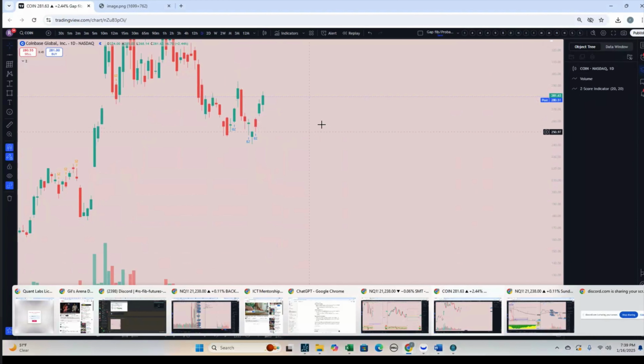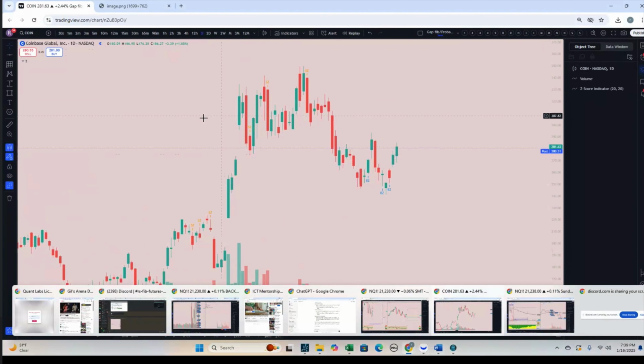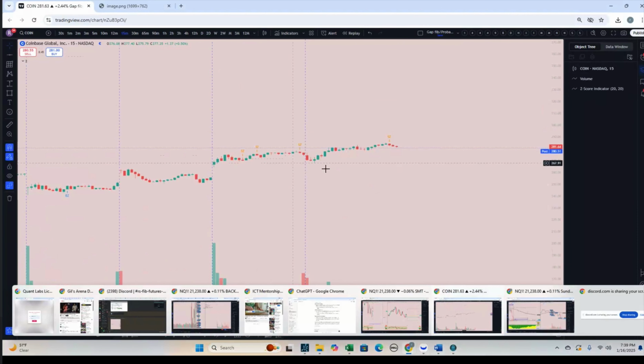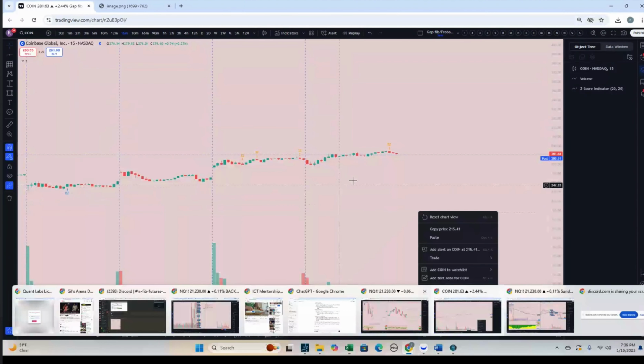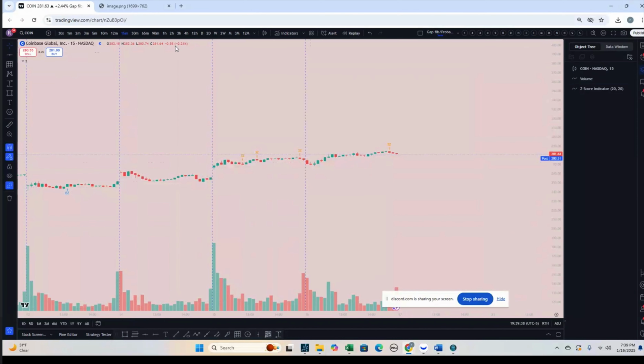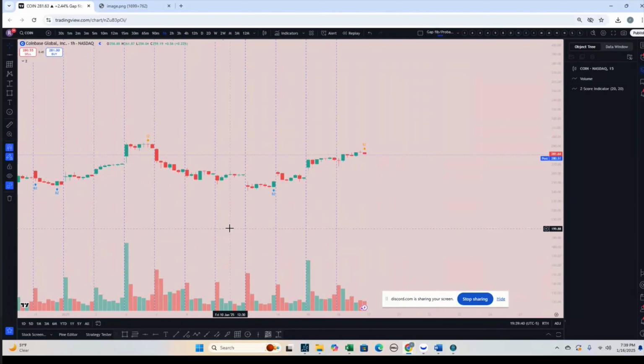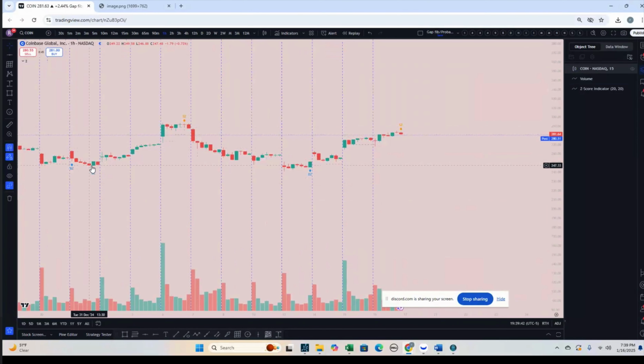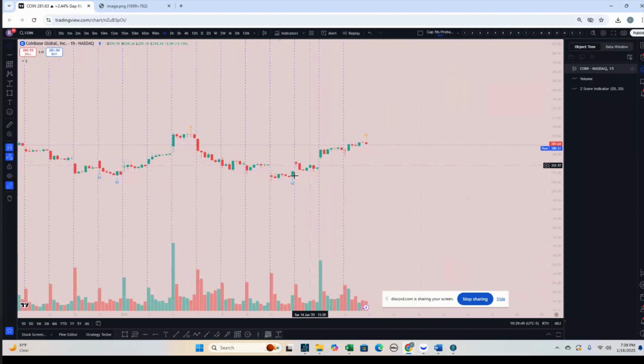The reason I like this Z-score indicator is that I use it on different time frames, and when things move away from the mean, it gives you a signal to say that hey, we moved too far too fast, and it's time to come back to the mean of where we're at.